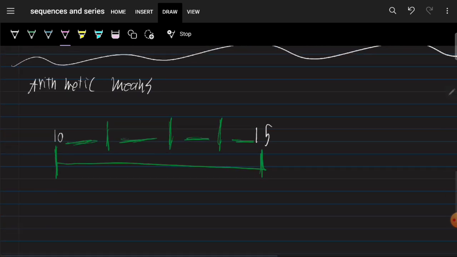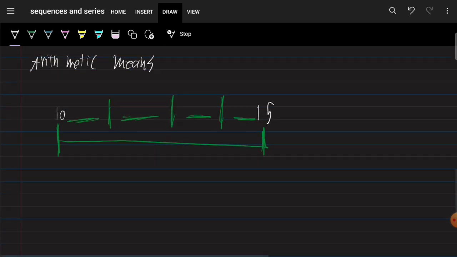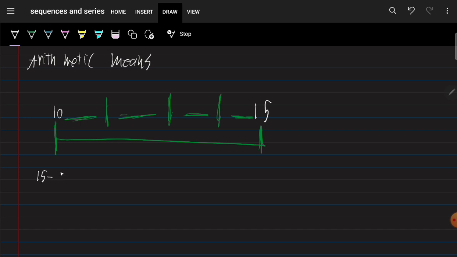So to find 3 arithmetic means between 10 and 15, we would take the difference between 10 and 15 divided by the number of spaces between 10 and 15, which is 4, right? It's always one more than the number of arithmetic means you want to have between your numbers. So if we want to have 3 arithmetic means, we'll have 3 plus 1 on the bottom.